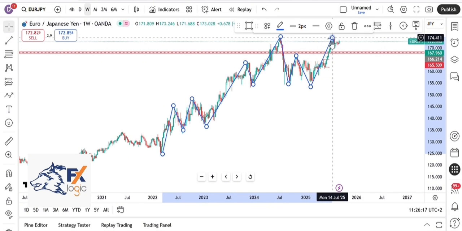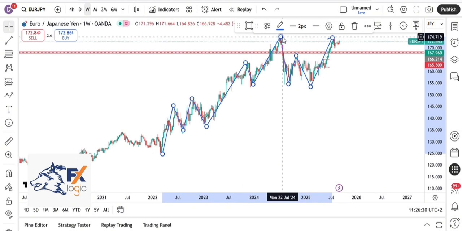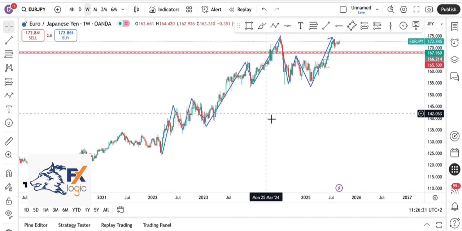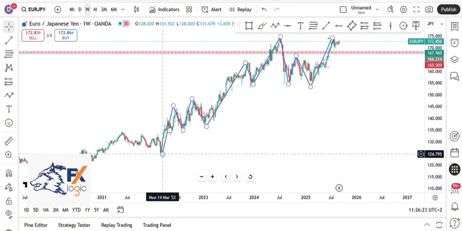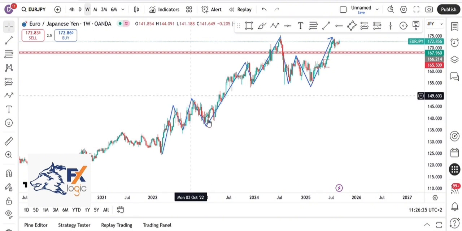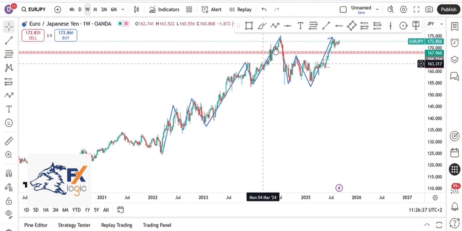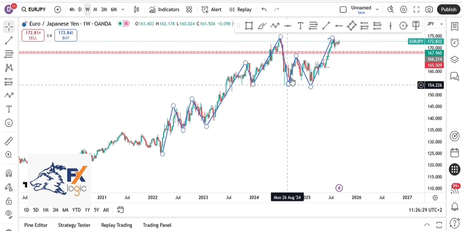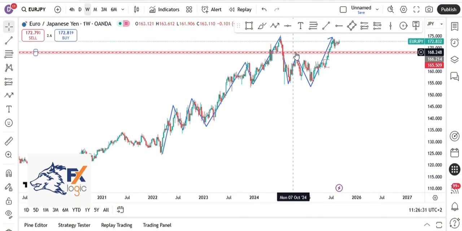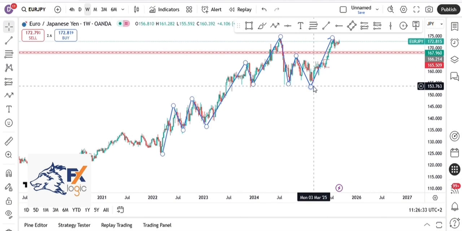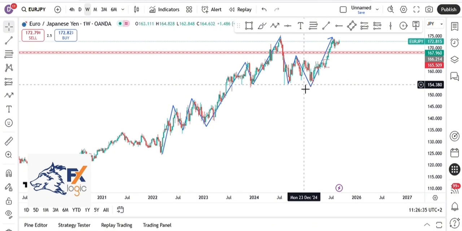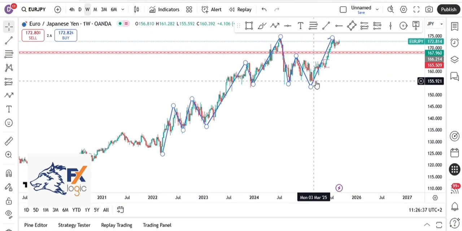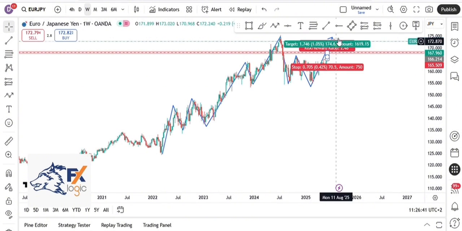I'm not going to call this a higher high because it's not higher than this. Then higher high, higher low, lower high, an equal low, then we have a high here.